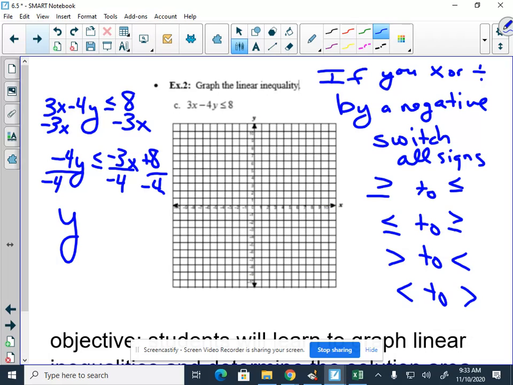So in this one, since I'm dividing by a negative, I take this sign and it switches to the greater than sign. A negative over a negative becomes a positive 3/4 x. 8 divided by negative 4 is negative 2.